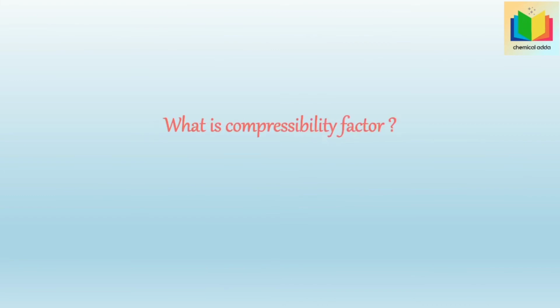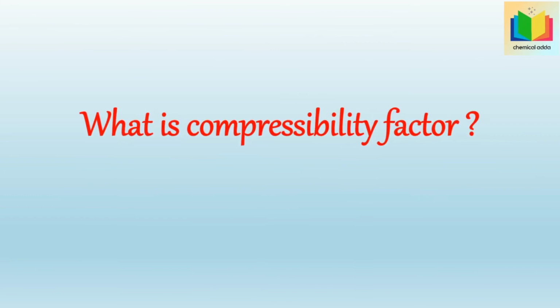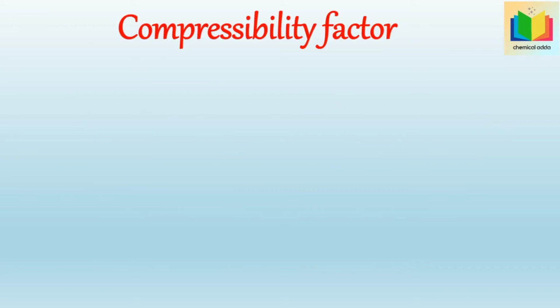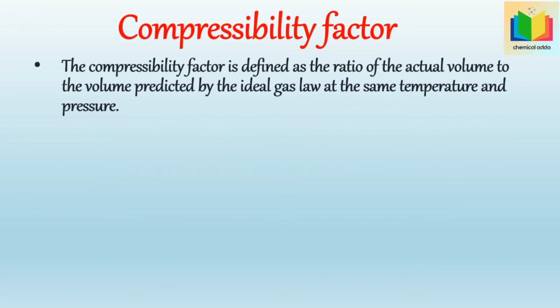Now, what is compressibility factor? So, the compressibility factor is defined as the ratio of the actual volume to the volume predicted by the ideal gas law at the same temperature and pressure.